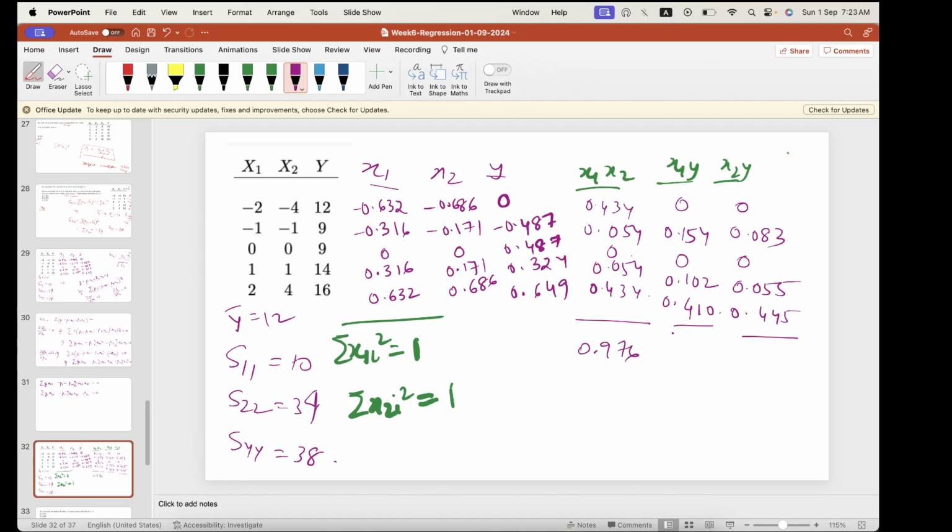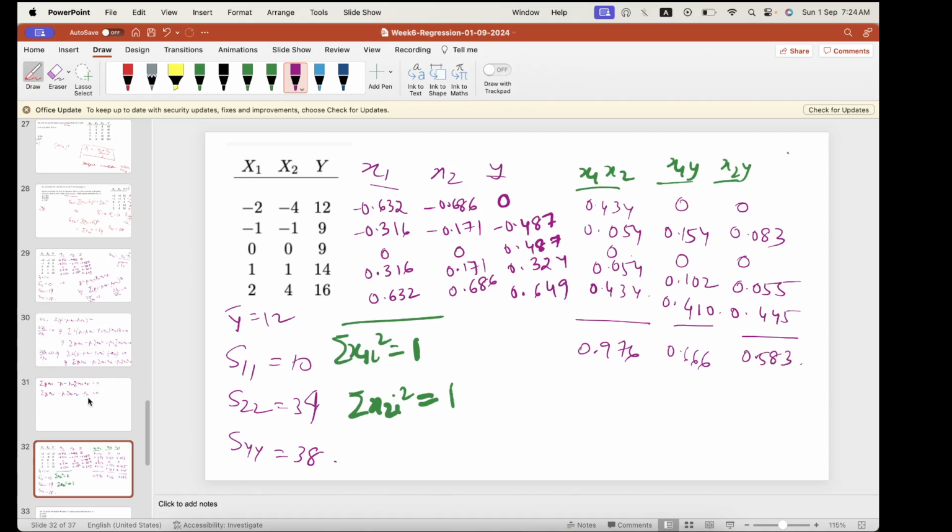That is 0.154 plus 0.102 plus 0.410. So this is 0.666, and the second one is 0.083 plus 0.055 plus 0.445, that amounts to 0.583.